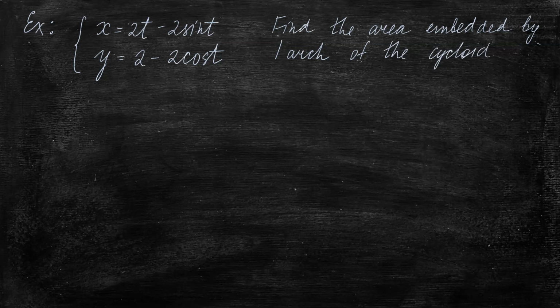We don't need to draw the picture here because the task is pretty clear, but it wouldn't hurt for us to imagine something like this, right? So we have a cycloid which goes on, and again, this cycloid is a function, but we don't have an explicit form of this function. So we want to know what would be the area of this geometric shape.